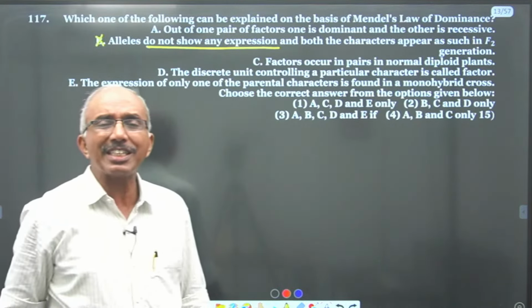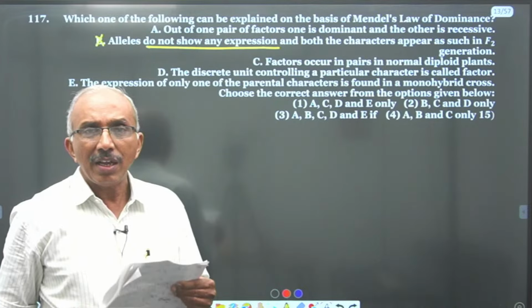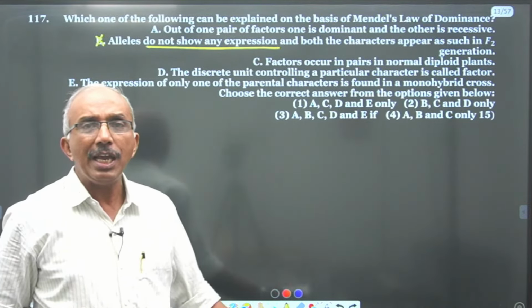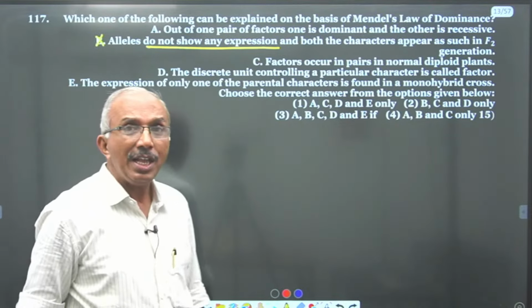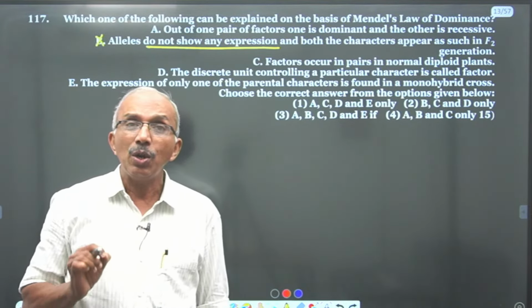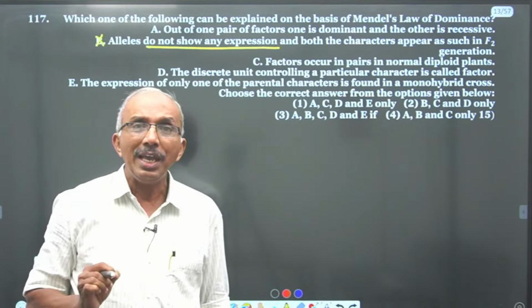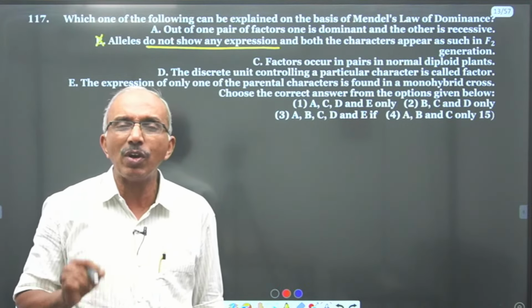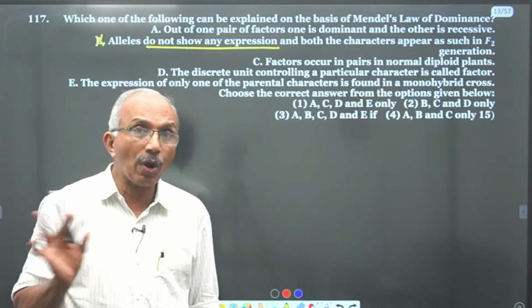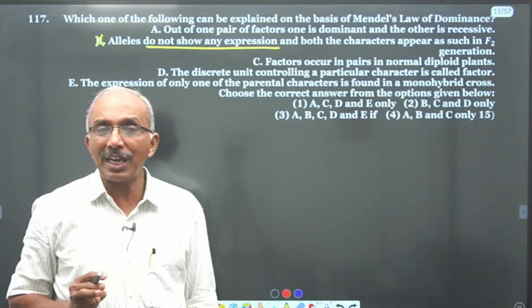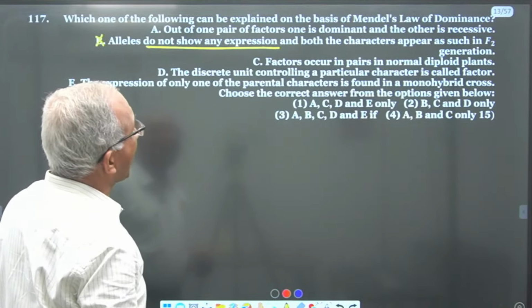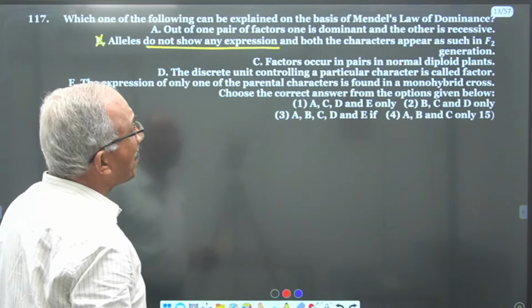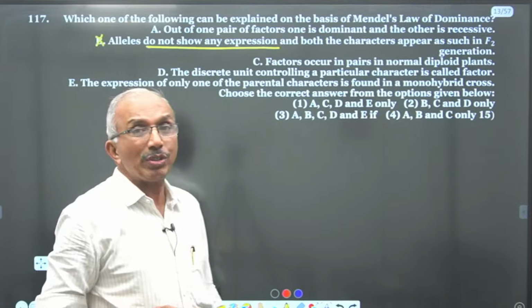Alleles do show expression; in NCERT the sentence is partially given here. Dominant allele shows its expression in the F1 generation. Only the dominant allele is expressed in the F1 generation, but the other part of the statement is correct. Both the characters appear as such in the F2 generation.